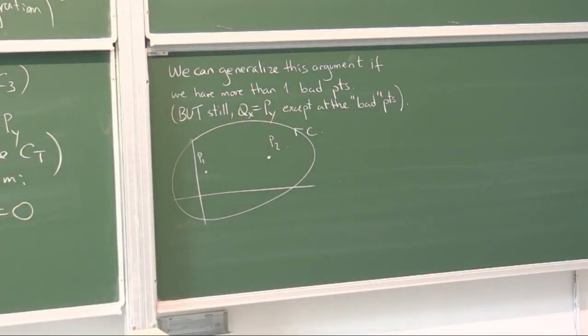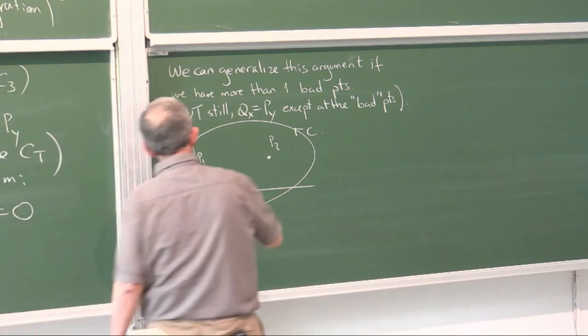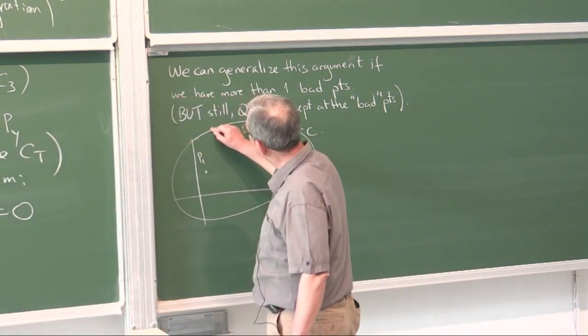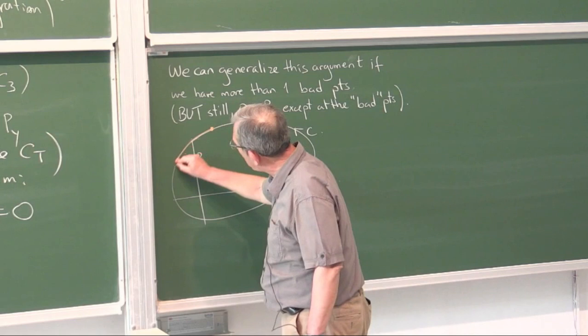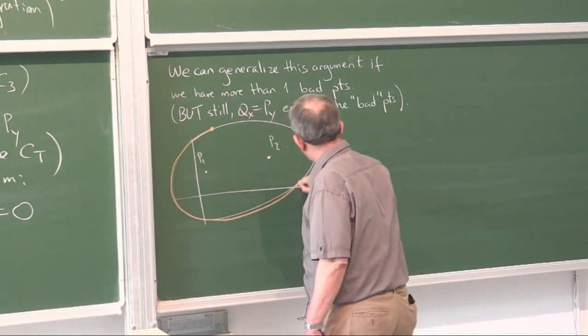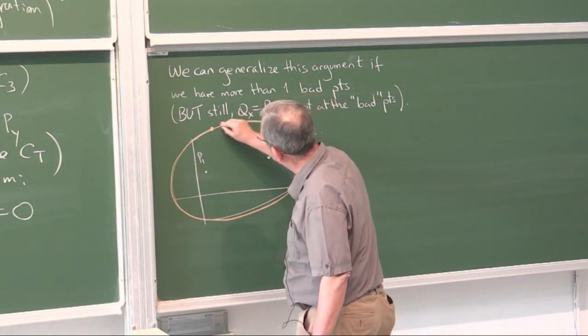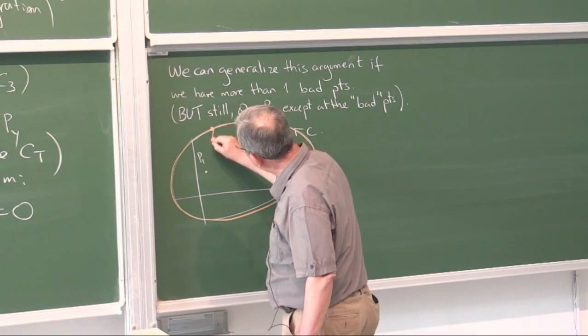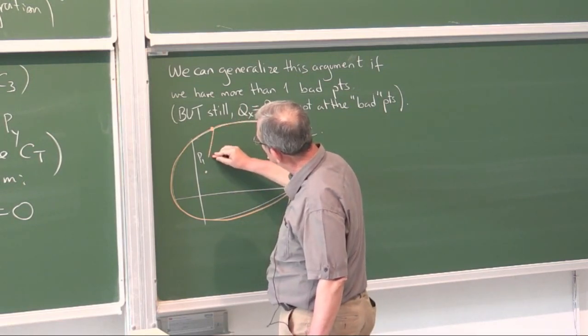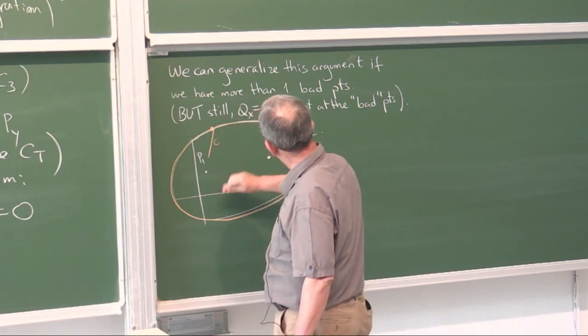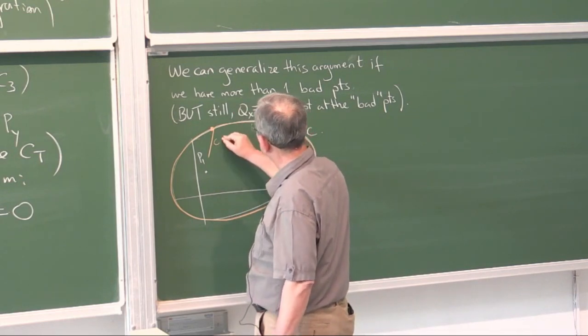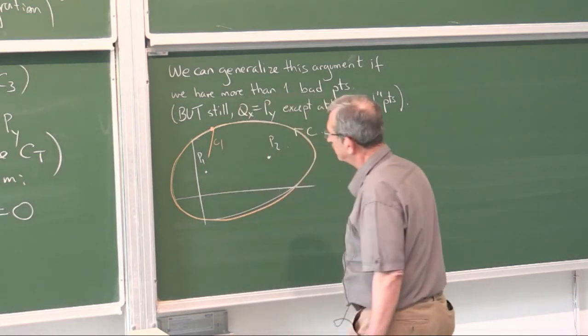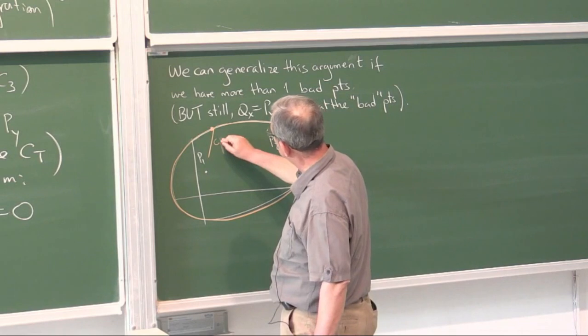In other words, say we start from this point, we cover our C, and then we have a canal here. Call this C1.